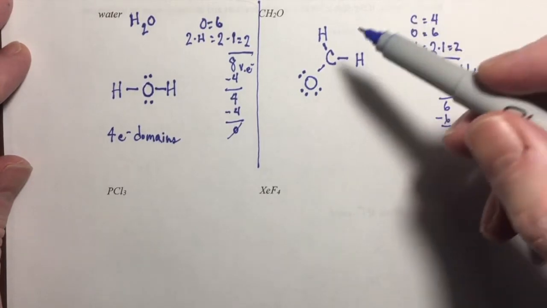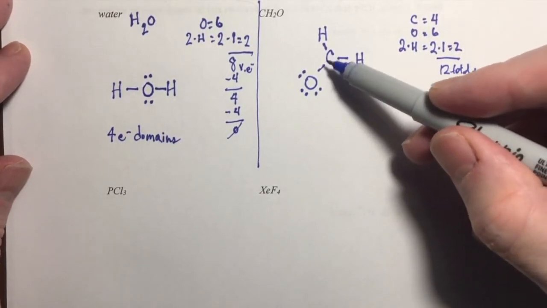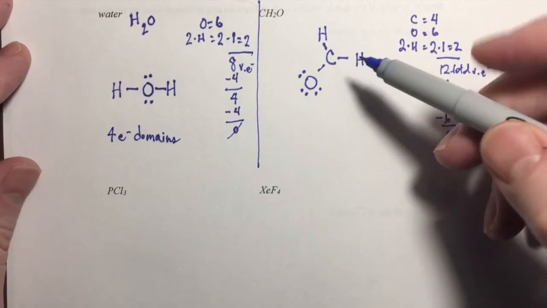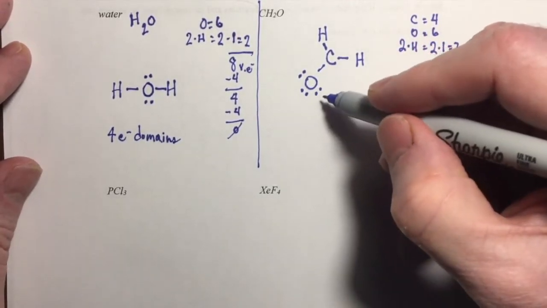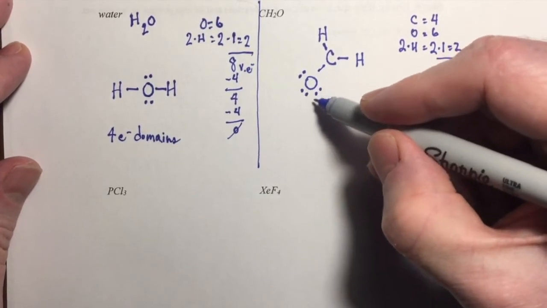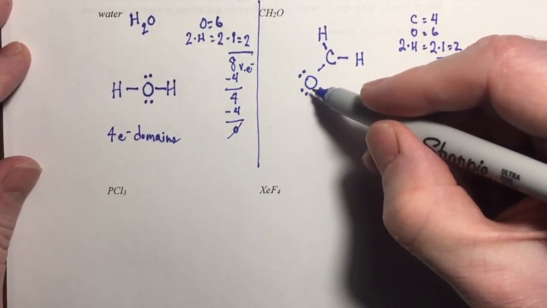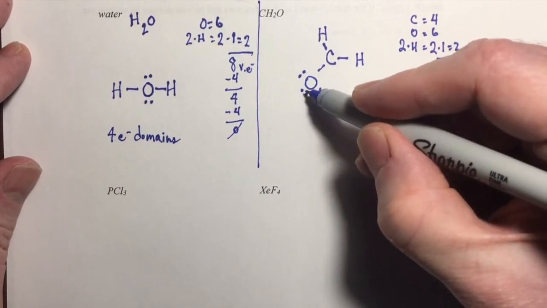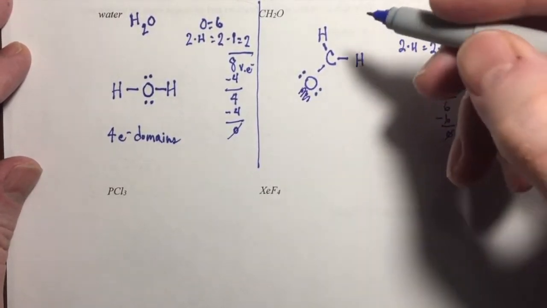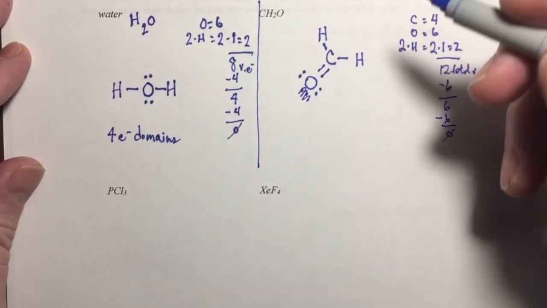Step 5 says if the central atom's octet is still not satisfied, and that's the case, then we shift to share. So I'm going to take a pair of electrons and I'm going to shift it from this terminal atom where it's unshared right now to being shared. So it doesn't matter which of these pairs I take. I'll take this pair and I'll move it right there to share it.